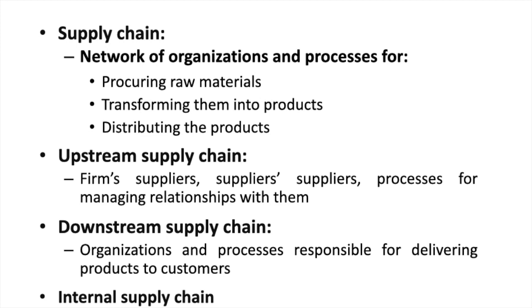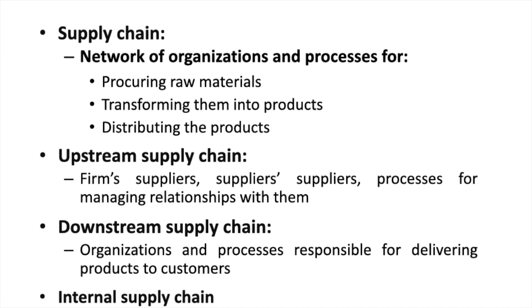In management information system, there will be an upstream supply chain and also a downstream supply chain. Upstream supply chain consists of the firm's suppliers, and creates the relationship with all the persons involved in the supply chain.